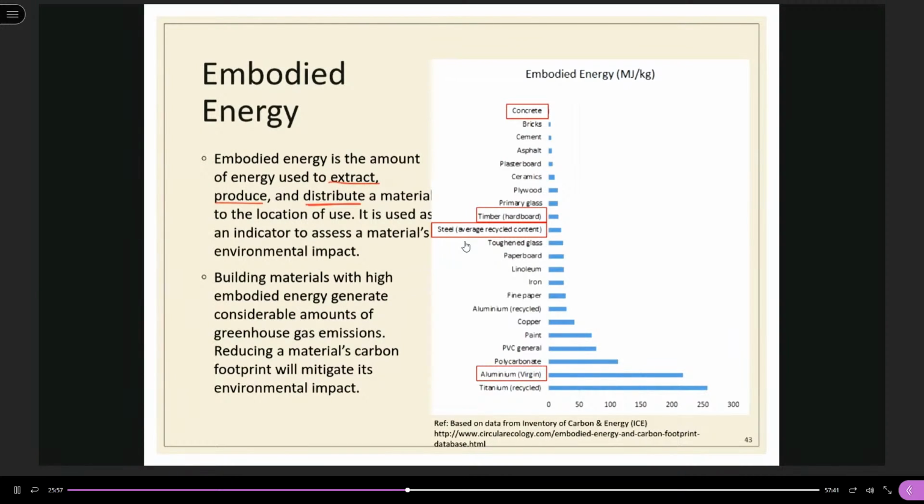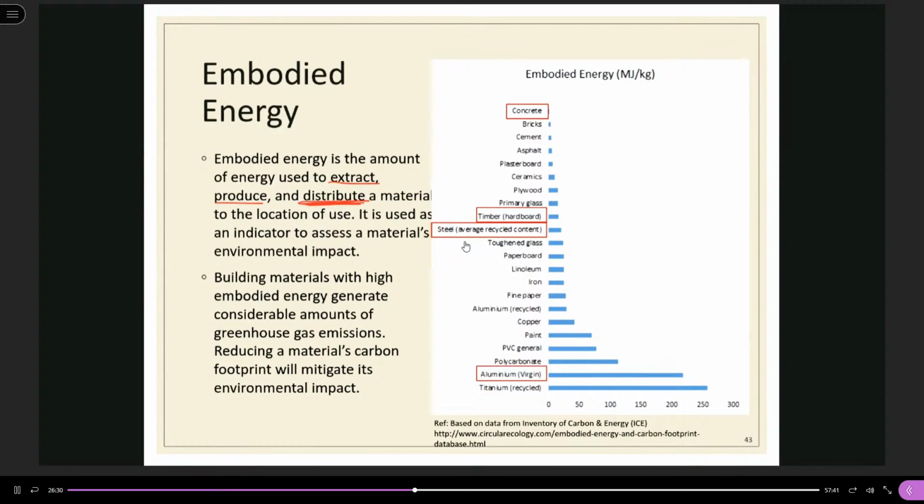So on the right-hand side, this is a graph based on the inventory of carbon and energy, which is in the US. Okay, so the embodied energy is not a universal parameter. So the embodied energy for timber in Hong Kong will be different from the embodied energy in the US or in the mainland or in Japan, because we need to consider the distribution costs also.